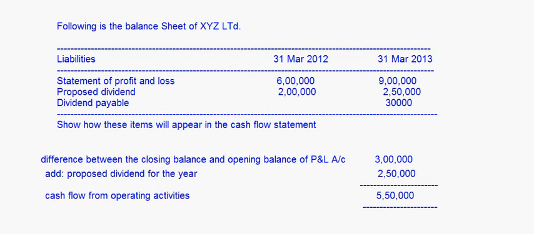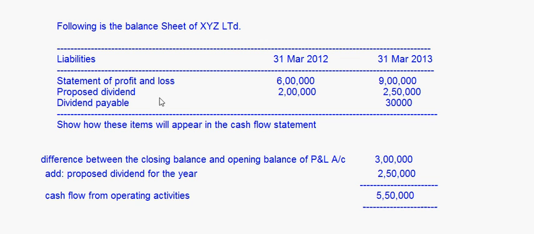Now if you want to see this one, cash flow from financing activities, right? Now here this dividend payable will come. Basically dividend payable is given as 30,000 and proposed dividend is given as, see this dividend payable 30,000, this is the dividend payable of this particular year, 31st March 2012, that is 2 lakh.